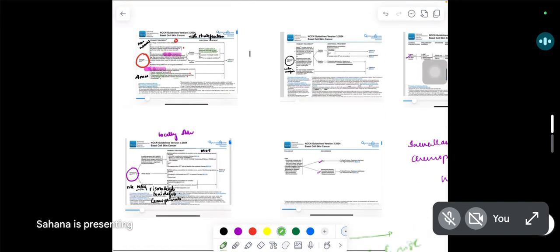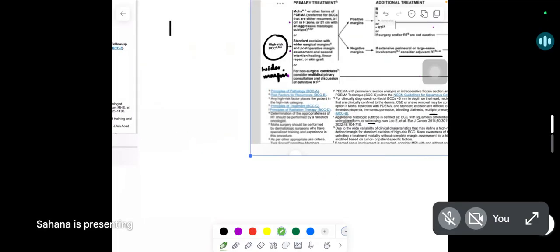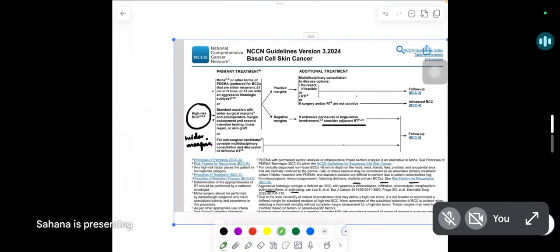Then coming to high risk. In high risk, what you have to remember is you will give wider margin, as I said, more than 4 mm. Here, usually non-surgical is only RT as an option. You will not use any local topical therapies that we used in low risk, and there is no role for shave excision and, what did we discuss first?